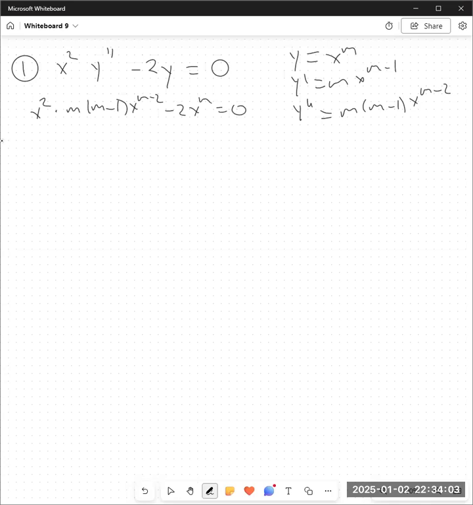And pull the m times m minus 1, rule of exponents: when I multiply like bases, I add the exponents. I'm going to factor out the x to the m that's common and just look at m squared minus m minus 2. That's what's left.